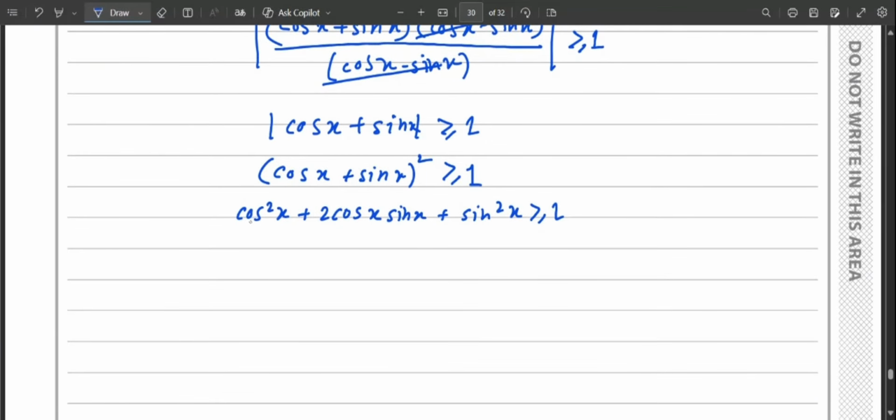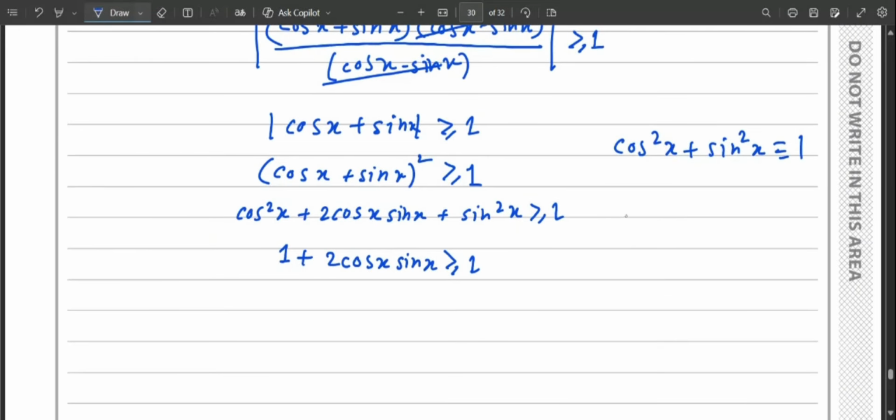We know the identity that cos square x plus sin square x is equal to 1. So we can write this as 1 plus 2 cos x sin x is greater than or equal to 1.